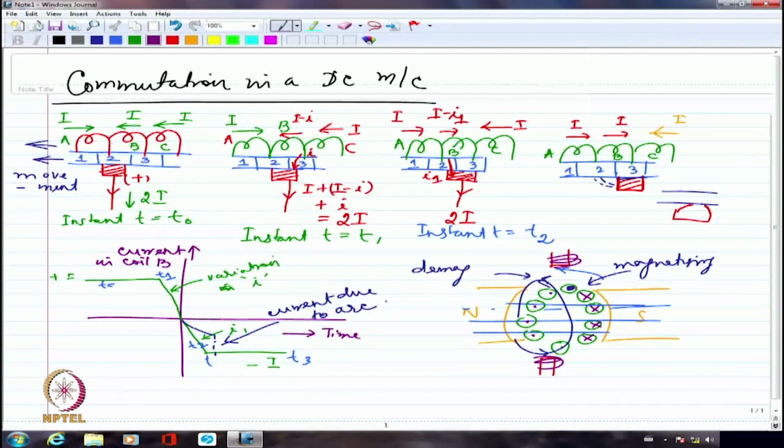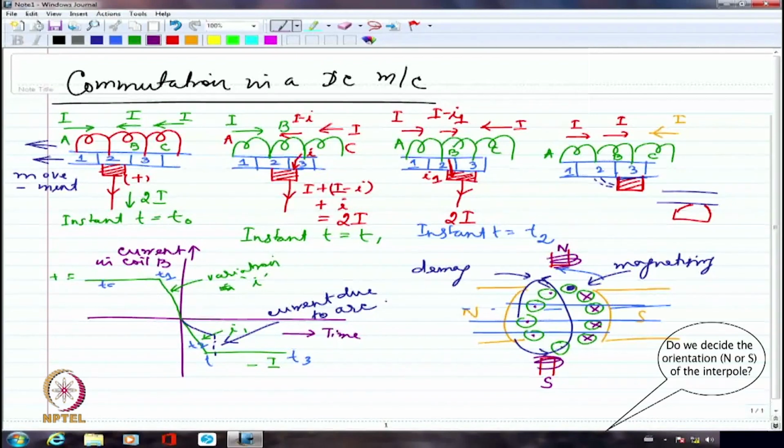So if this interpole is creating a flux corresponding to North Pole, and if this interpole is creating a flux corresponding to South Pole, in all probability I would nullify the effect of this demagnetizing and magnetizing armature reaction. Right? Yes.